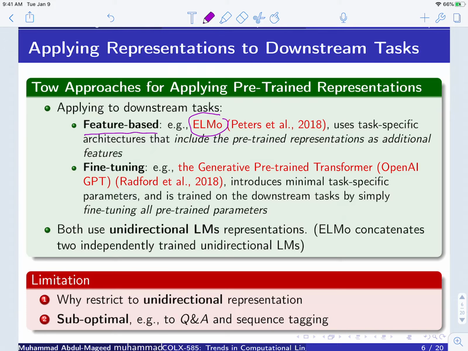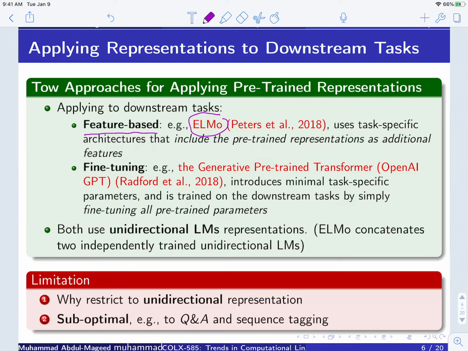Okay, so you take each H, from H1 to HT, for example, these are the hidden units in your ELMo, and then you concatenate them to the first layer hidden units, as we have seen in the previous lecture.